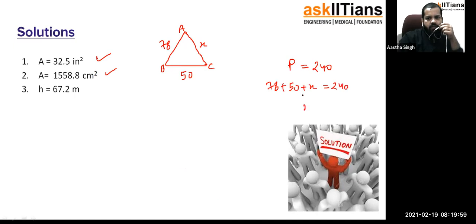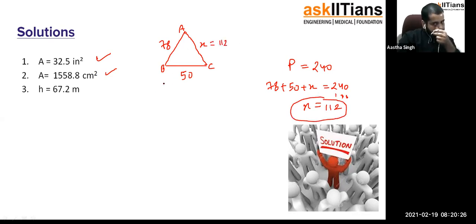So x will be 240 minus 78 and 50. 78 and 50 make 128. If you subtract 128, then 112 will be there. So x will be 112.